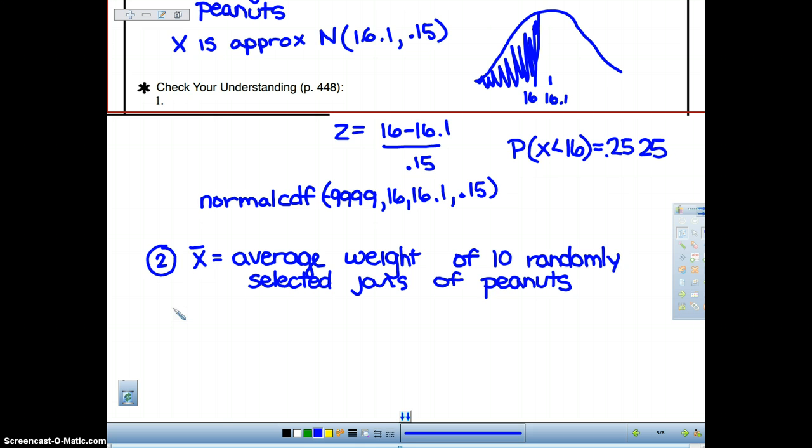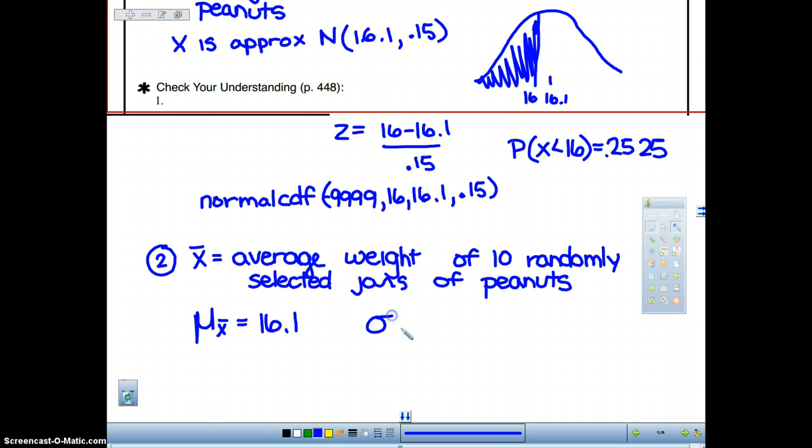If we take all possible combinations of size 10 jars and find the means of all of those and then make a distribution out of those, that's the sampling distribution. So I need to find the mean. The mean of x bar, so the mean of my sampling distribution, is just the mean of my population, so that's going to be 16.1.